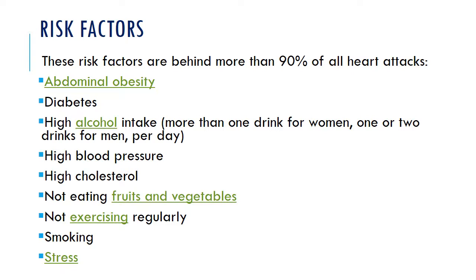Alcohol intake, smoking, high blood pressure, high cholesterol, not eating a balanced diet, not eating an adequate amount of fruits and vegetables in your daily diet, not exercising regularly, being a chronic smoker, and also a lot of stress in your life. That is also an important risk factor, and it is going to make the disease worse and put the patient into a complicated situation.